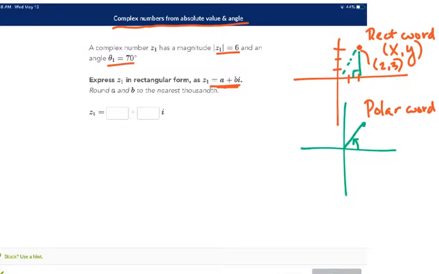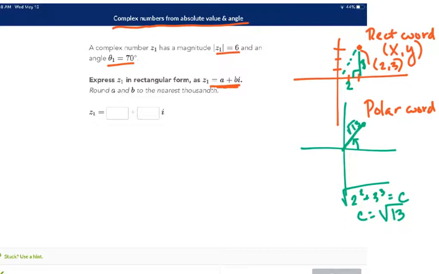We would find a triangle there and say if this side is 2 and this side is 3, I could find the magnitude using the Pythagorean theorem. So 2 squared plus 3 squared. If I take the square root of it, I will find this magnitude. I'm just going to call that C. So 2 squared is 4, 3 squared is 9. So in this example I just drummed up, this happens to be the square root of 13.